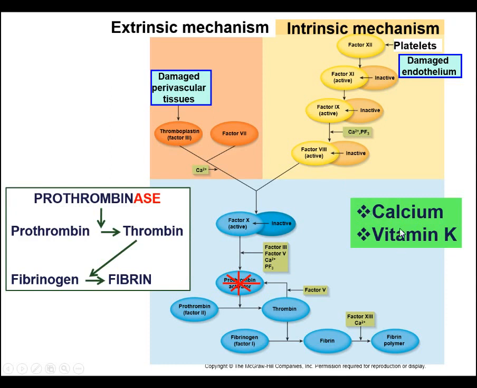One of the couple things I want to point out, obviously these calcium and vitamin K are very important in this process, and so let's locate the importance of calcium. Let's see, we have it here, here, here, here. So calcium is a very important cofactor throughout the clotting process, so that's important to recognize. Now, vitamin K, I don't see vitamin K here anywhere, but vitamin K works behind the scenes to help facilitate this process.